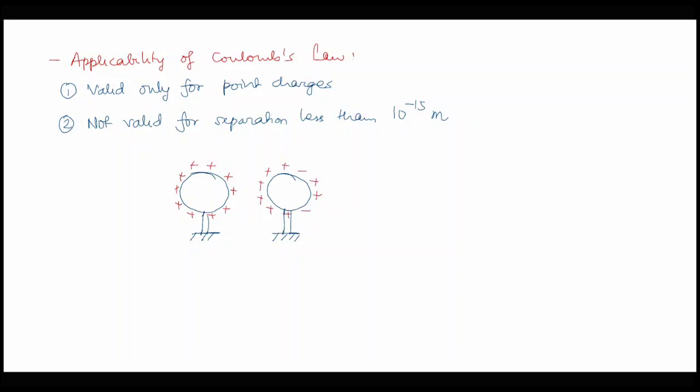So now Coulomb's law cannot be applied in a proper way. The first thing is that polarization will take place. These two positive charges will try to induce charge on each other, and the next thing is that the separation between the charges at every point is not going to be the same. So Coulomb's law cannot be applied properly in such cases.